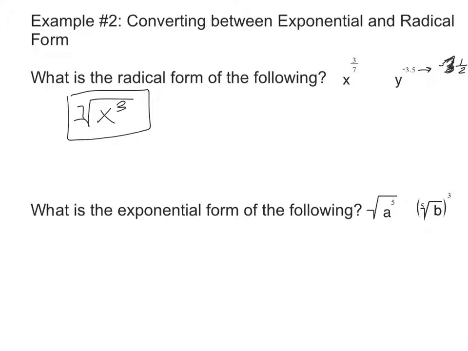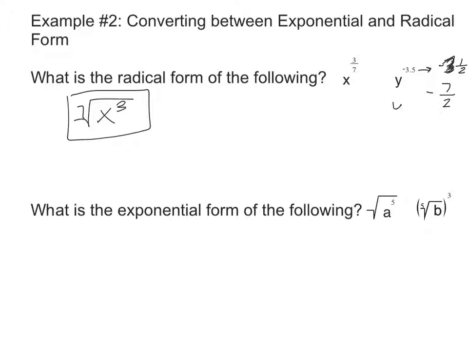So 2 times 3 is 6. 6 plus 1 is 7. So this is negative 7/2. First of all, this should really be 1 over that, in order to make that positive. Let me rewrite this.